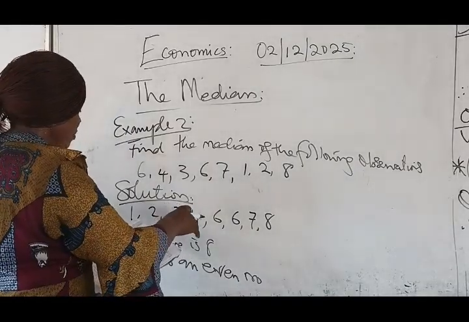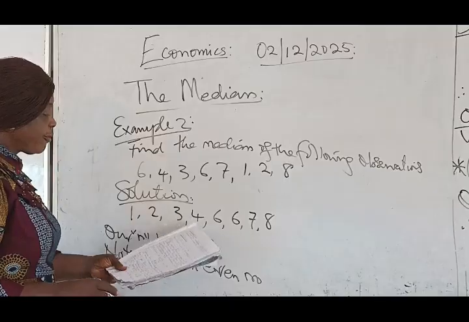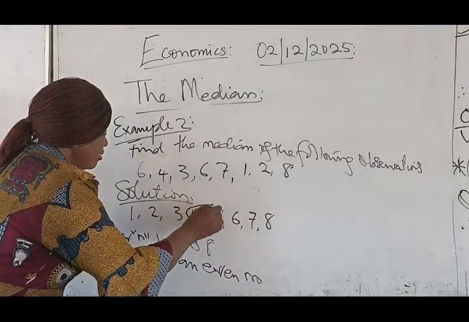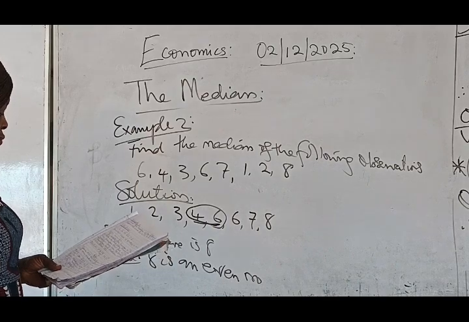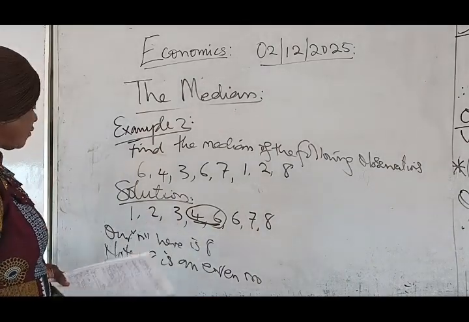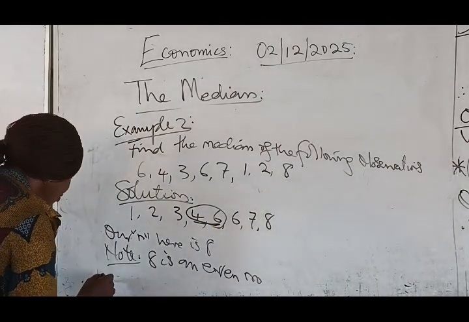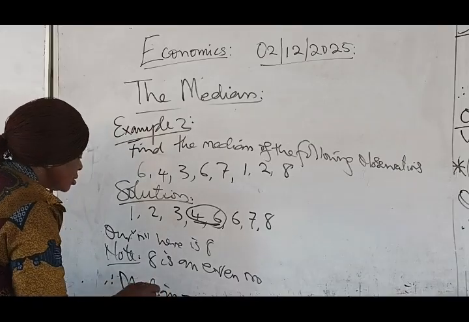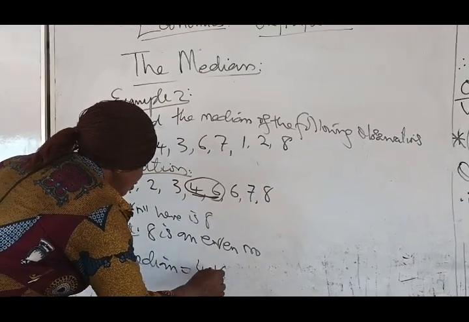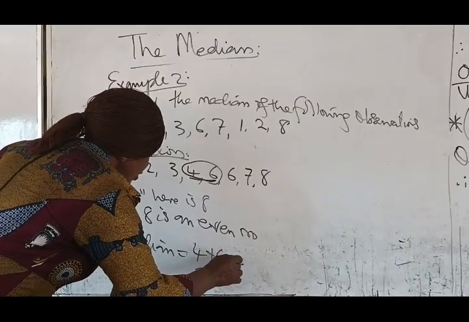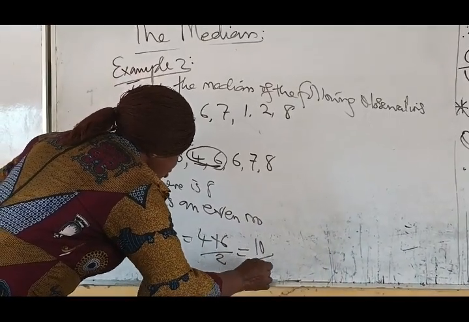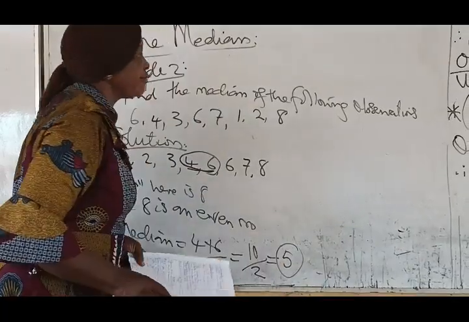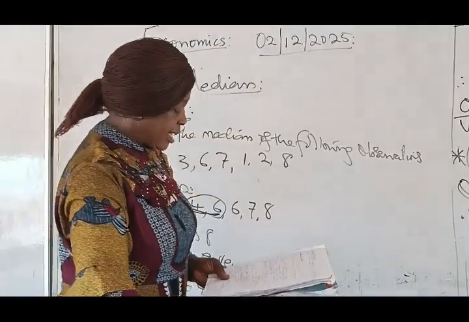The two numbers in the middle are 4 and 6. So to locate the median, we say therefore median equals 4 plus 6 over 2. This will give us 10 over 2, and when we divide, our median will be 5 as the answer.